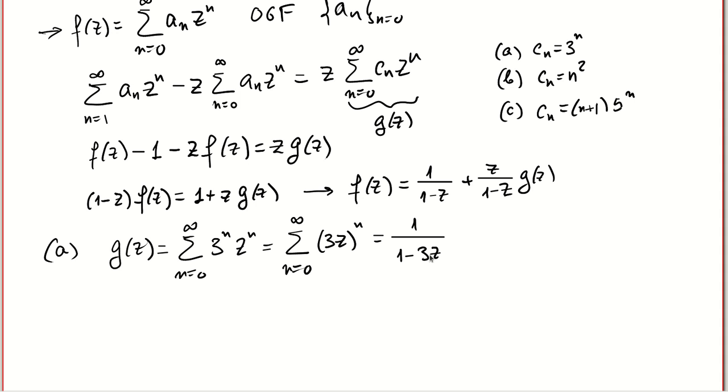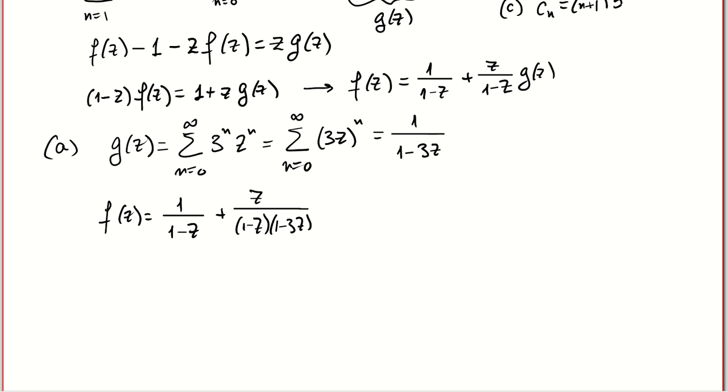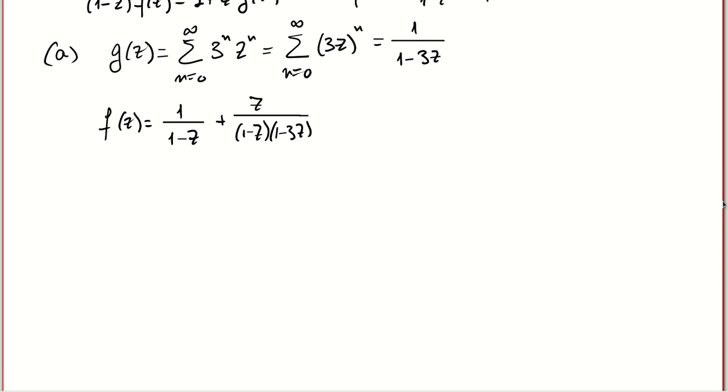Then what we have in this first case is that f is equal to 1 over 1 minus z plus z over (1 minus z)(1 minus 3z). Now we need to expand this fraction.